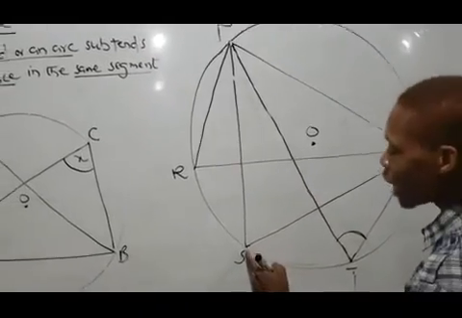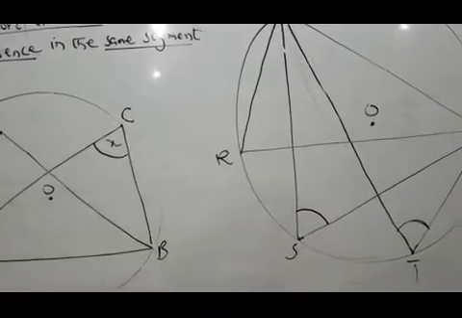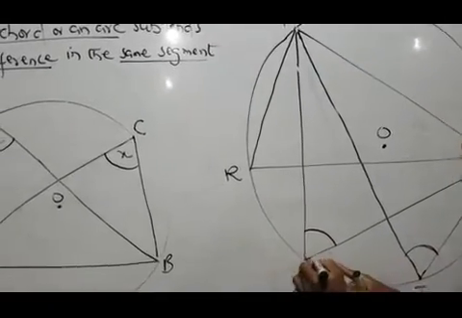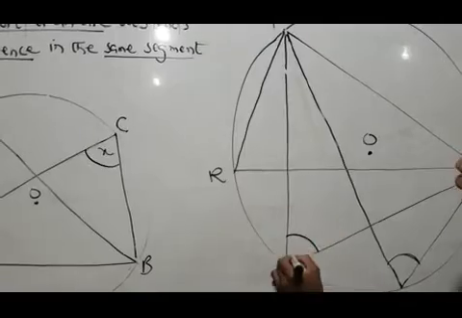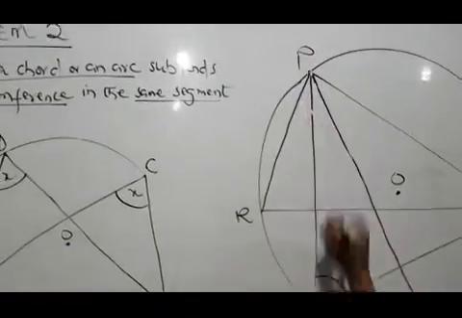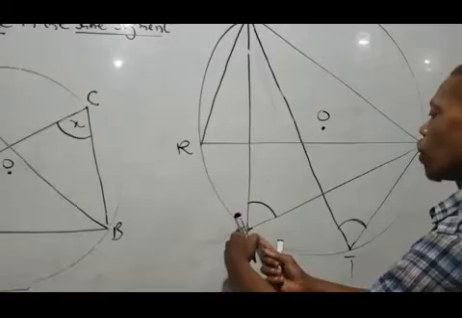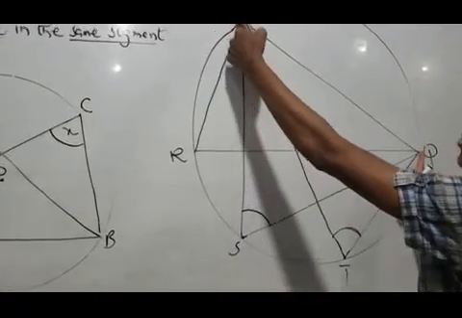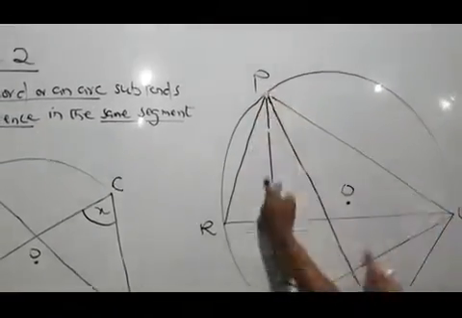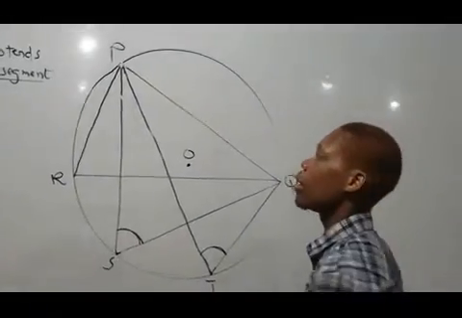Again, if you look at the angle S, the lines which create the angle S involve this line and this line. So the two lines which create the angle S also have a connection with the chord PQ. So PQ is subtending S also at the circumference.